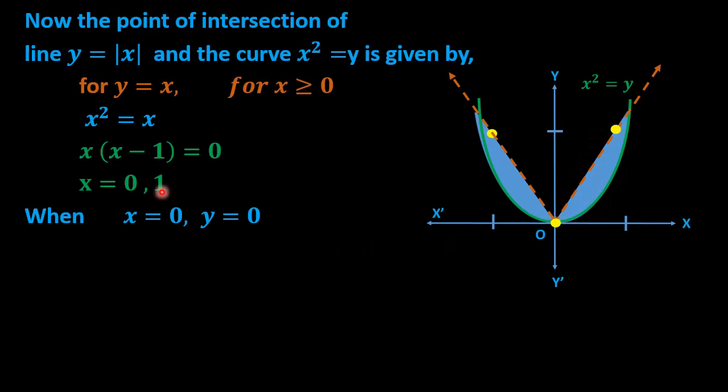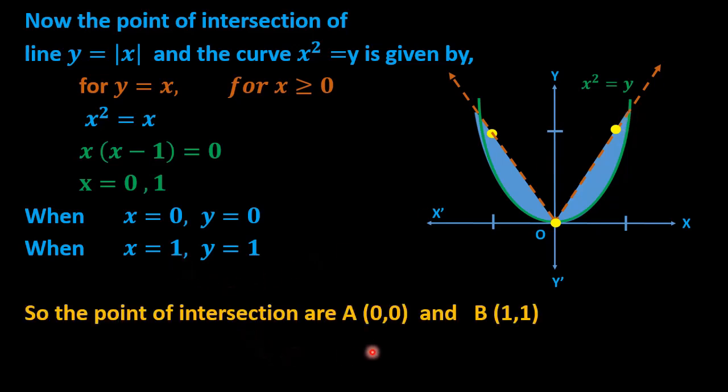And we take the next value now, x equals to 1. So when x equals to 1, we put here 1, then y is also equal to 1. So this intersecting point is 1, 1. So the points of intersection are A 0, 0, so this is A, and B 1, 1, so this is point B.